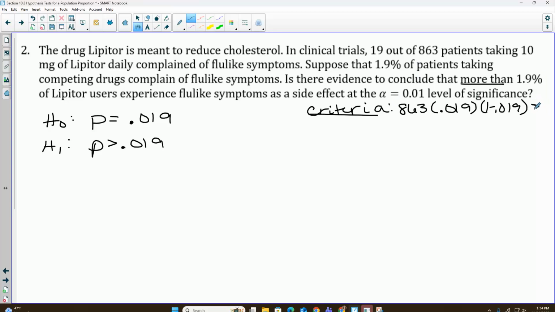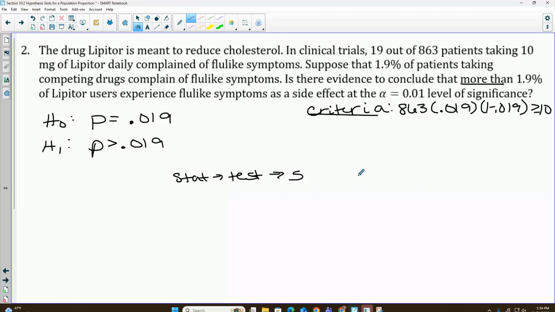And that gives me 16, which is bigger than 10. So my criteria is good. Then, what did we do on our calculator? Stat test number 5.